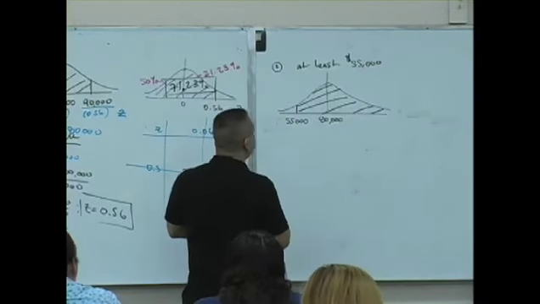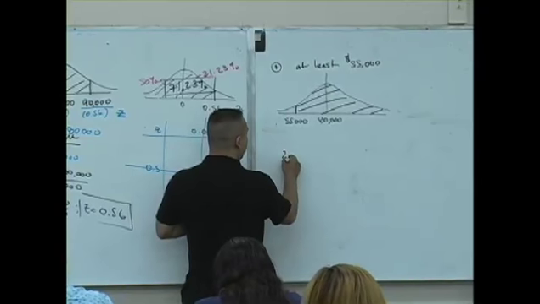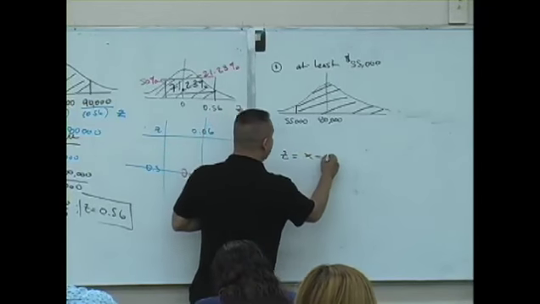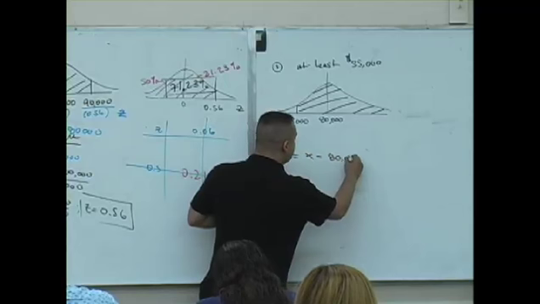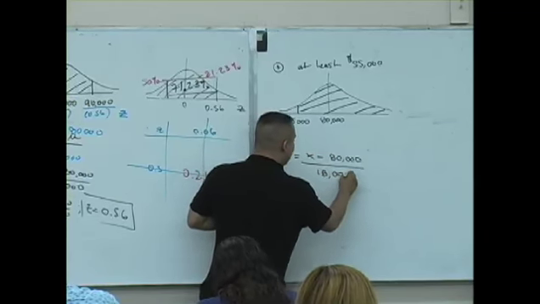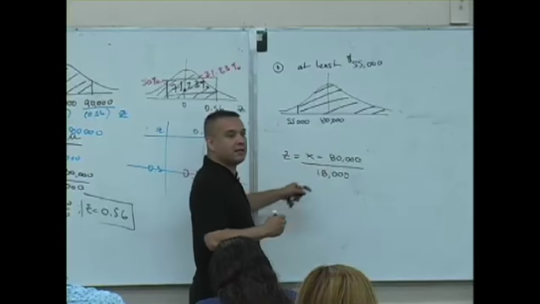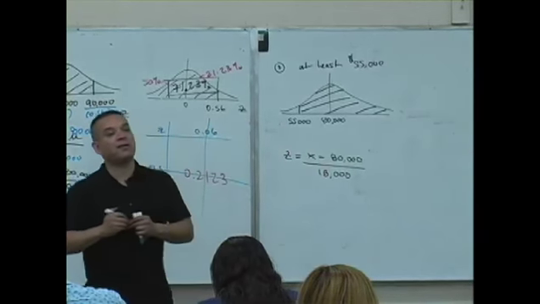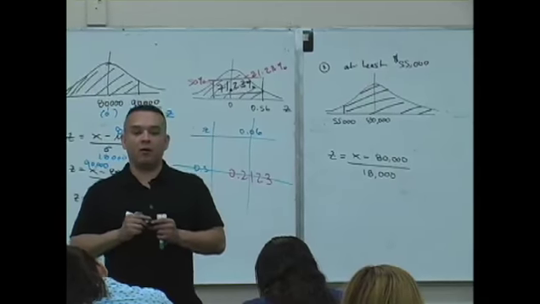What's the next step? Convert. Z is x minus 80,000 divided by what number? 18,000. Isn't that sigma? Those values are given to you. Those are always given.